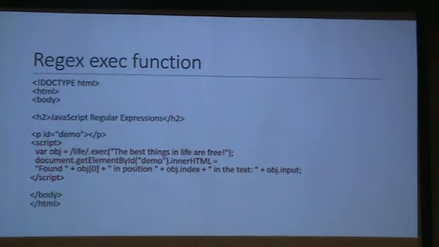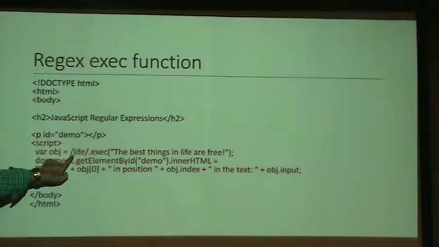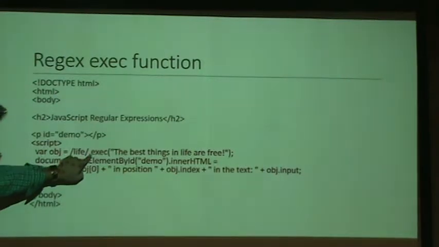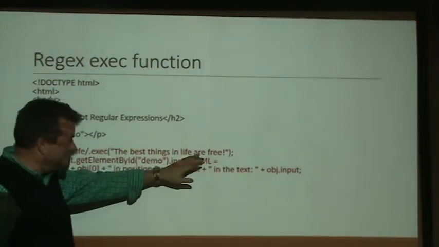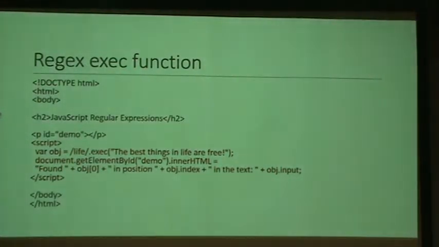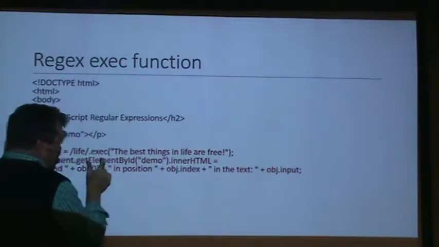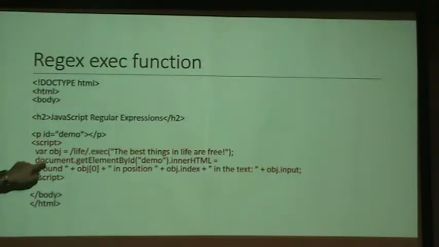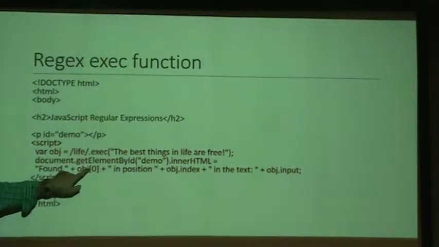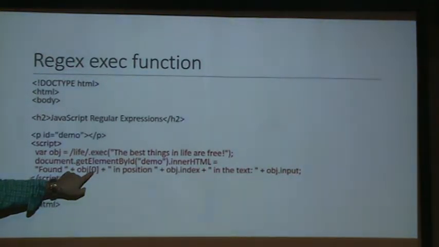So what we can do here is create an object and say my regular expression is life, and then I'm doing .exec on the string, the best things in life are free, and I can go searching for the substring life, and I find it. And then I can print out found object 0, which is the match.